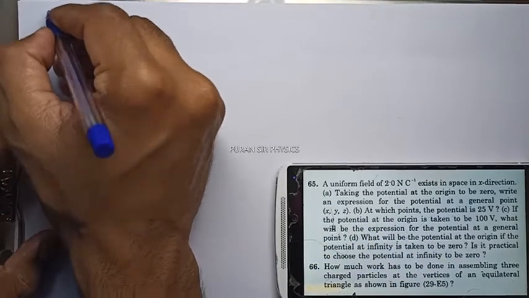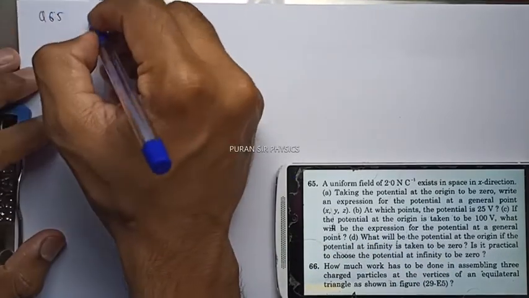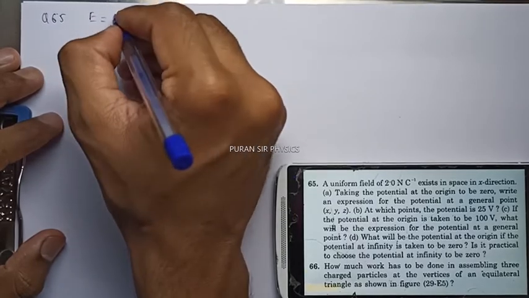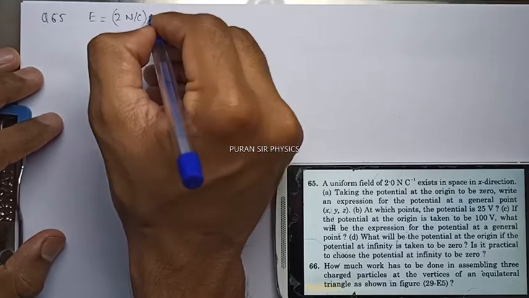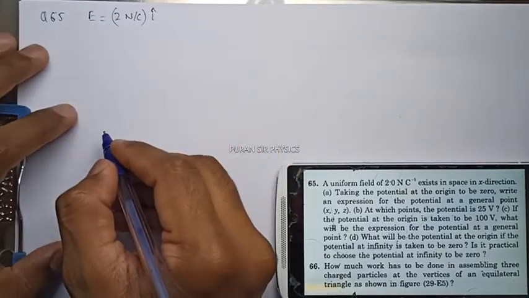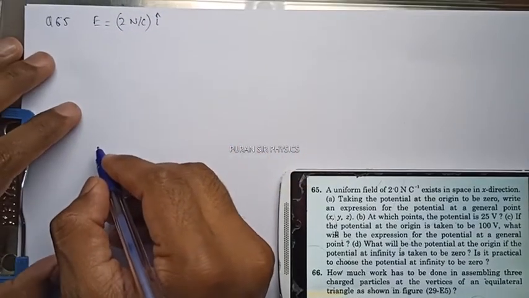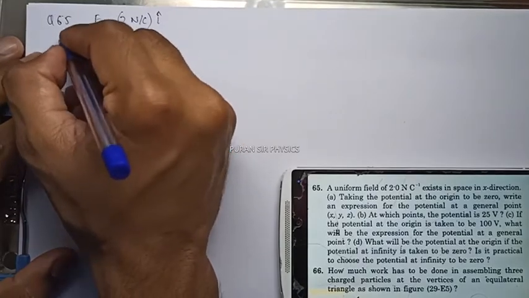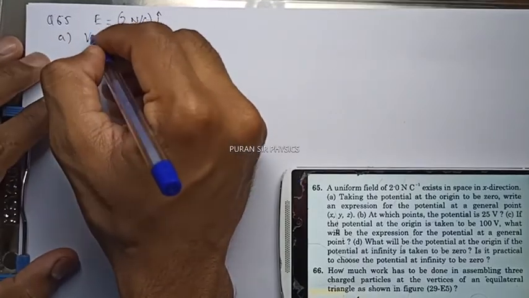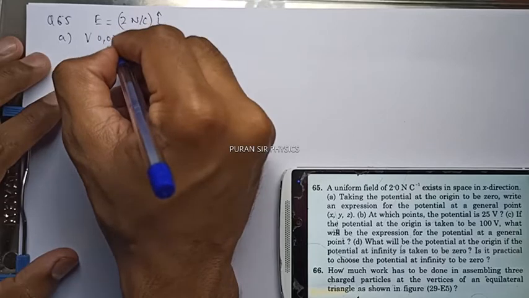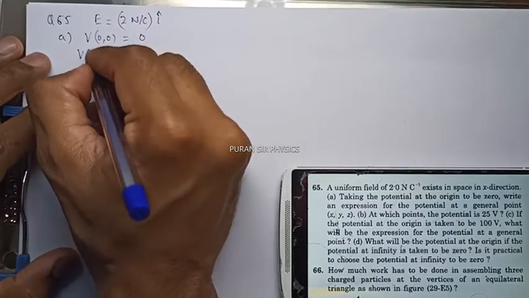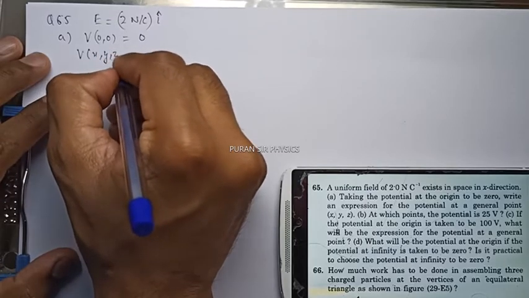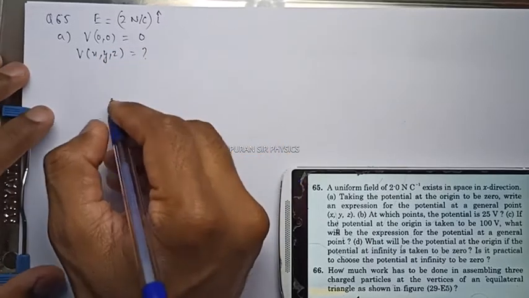So what we have given is that the electric field is uniform and it is equal to 2 Newton per coulomb, and the direction is in the x direction, so 2 I cap. Now we have to take in the first part the potential at origin to be 0 and we have to find the potential at a general point.